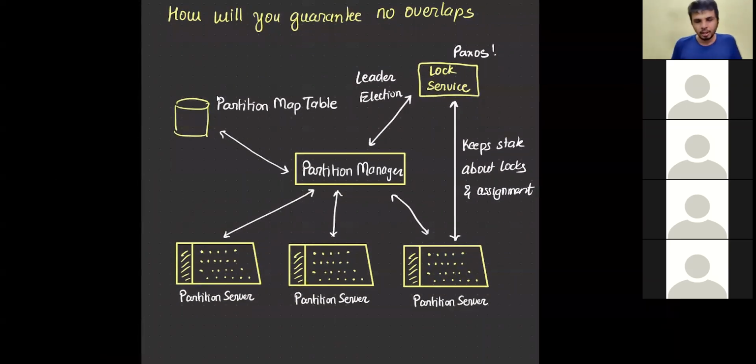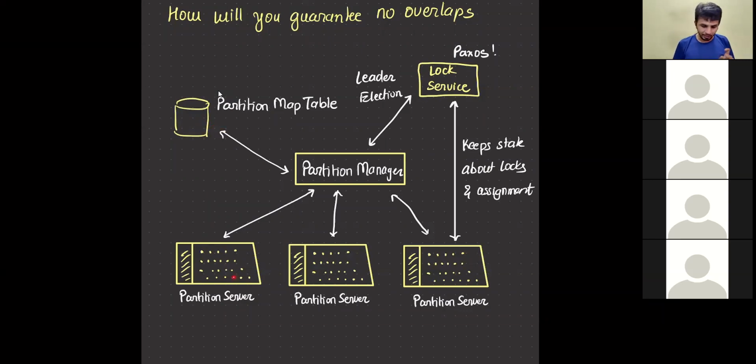So here, a few distributed system jargons would come in. You have one partition manager who is responsible for managing all the partition servers that we have. We have the partition map table that contains the information that this range partition is owned by this partition server, right?